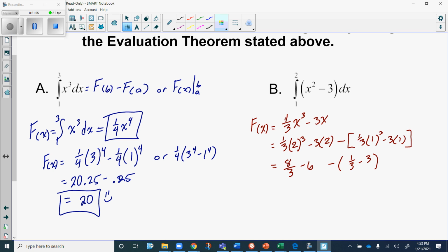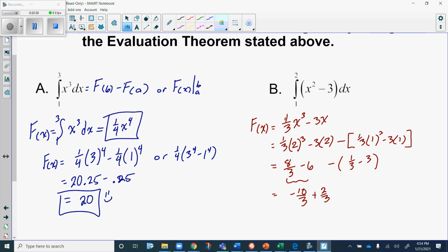Looking at these two fractions, multiplied by 3, 18, 8 minus 18 would be negative 10/3. Then minus, 1/3 minus 2/3 would be negative 2/3, so that'll actually be plus 2/3, and nope, I'm not doing that right.